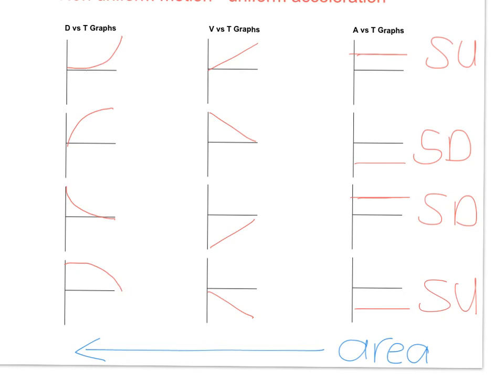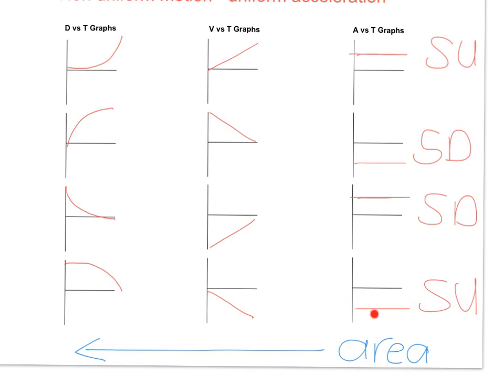And just like with the uniform motion graphs that we just did on the previous page, you will notice that there is a link between the graphs, but in the opposite direction. So if you're given the AT graph, you can technically work your way backwards by taking the area between the line and the t-axis.